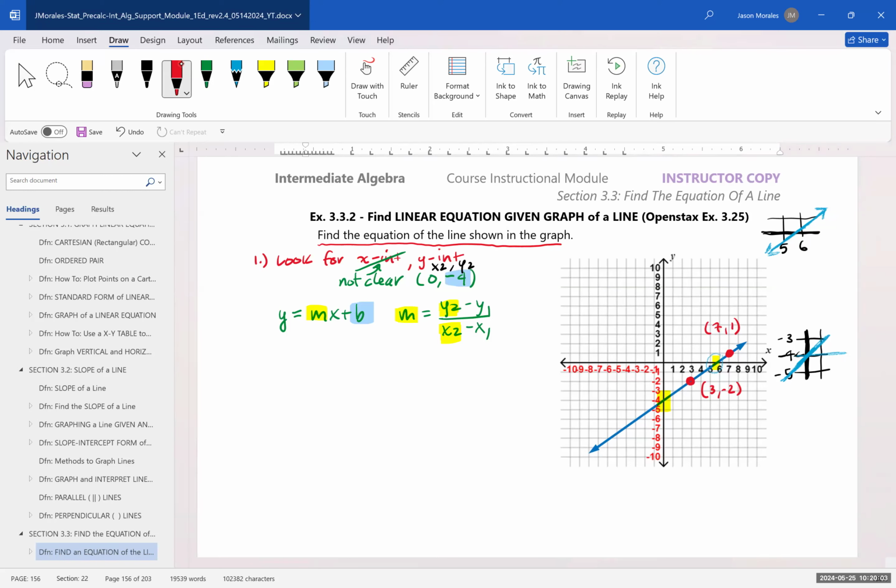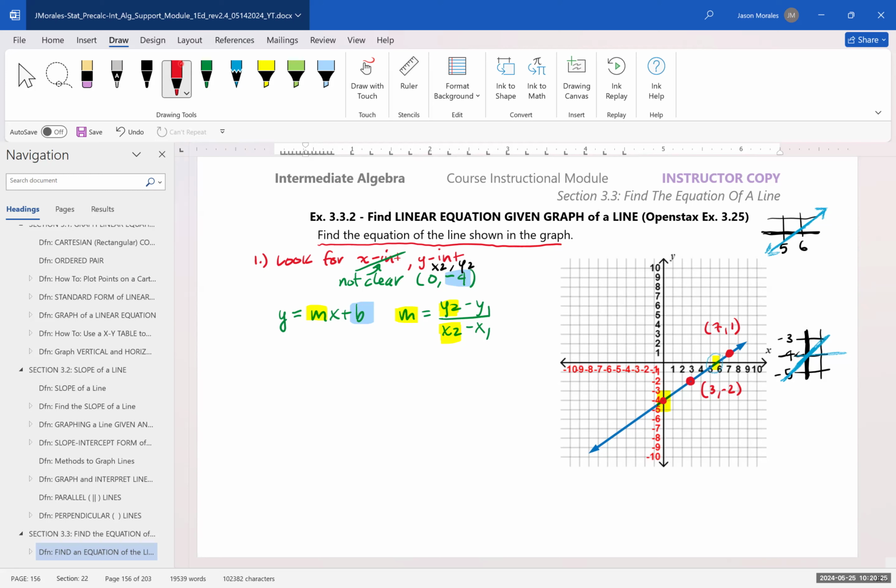Let's see here. So that's our y-intercept. See here, up 2 over 3, up 2. So it looks like this graph may be off a little bit. That's okay. We're just going to do the best we can.